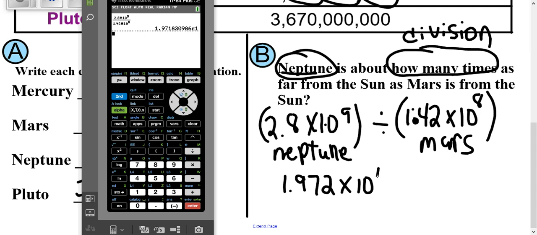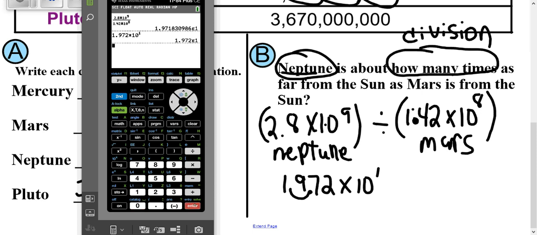All right, remember, a how-many-times-greater question has to be written in standard form. So you're going to move this decimal over 1. And even if you put this into the calculator, let's go over to the calculator again, 1.972 times 10 to the first power.